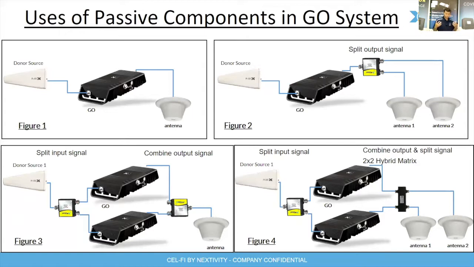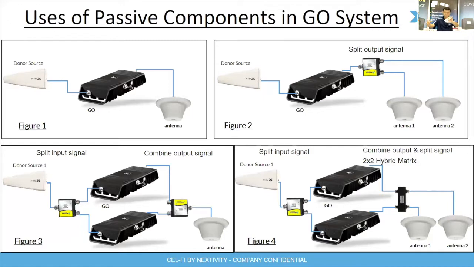In figure 3, you can see that I have 2 GO systems, one for each different mobile wireless operator. For the input signal, instead of having 2 donor antennas, one for each GO system, I can just use one donor antenna and then split the incoming signal into 2, again by using a two-way splitter.